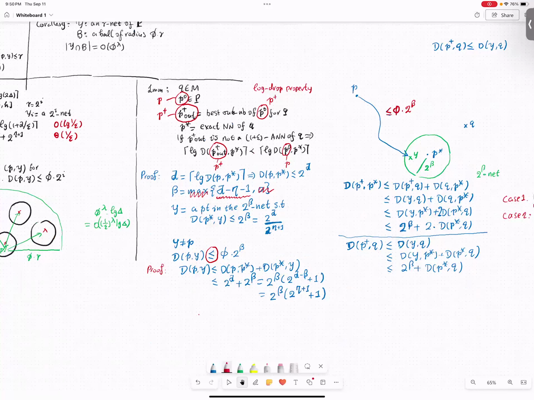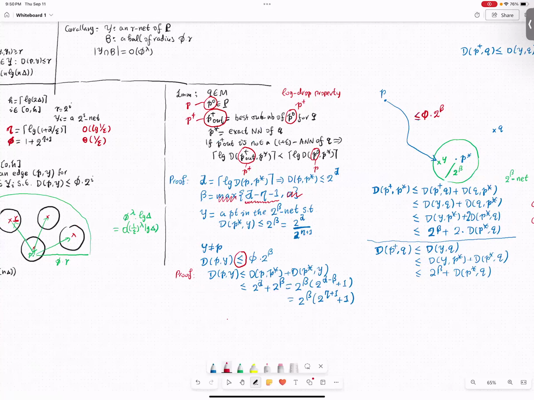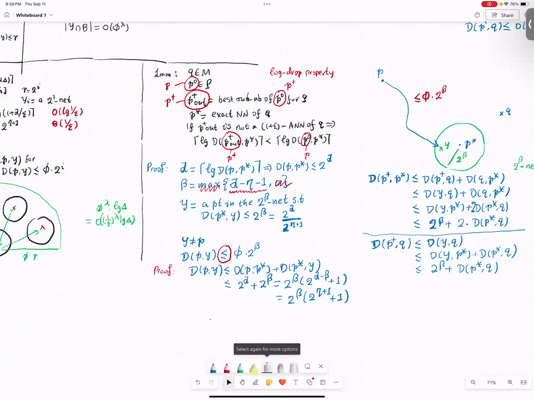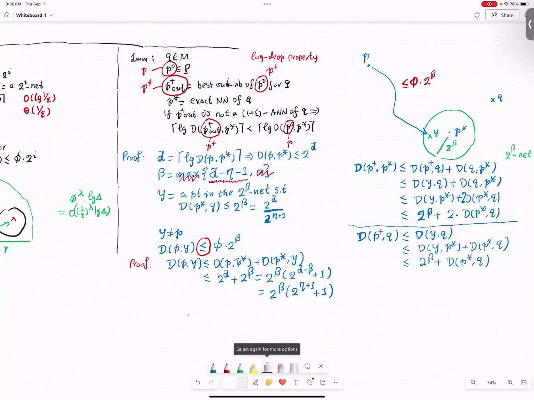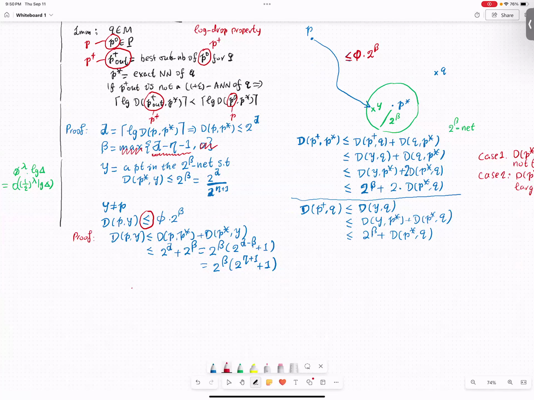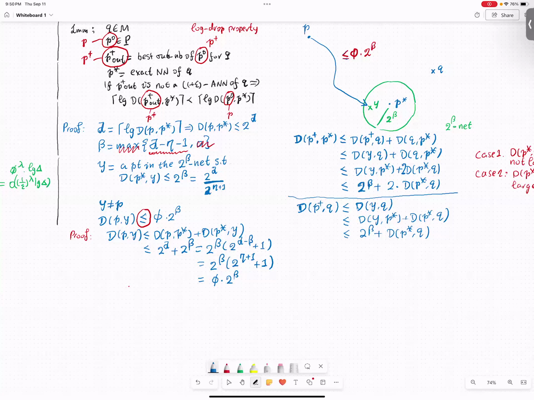Now, if you look at phi, this is exactly how phi is set. This is actually the reason why phi is set in this manner. So now you know that d(p, y) is indeed less than or equal to phi times 2 to the power of beta.